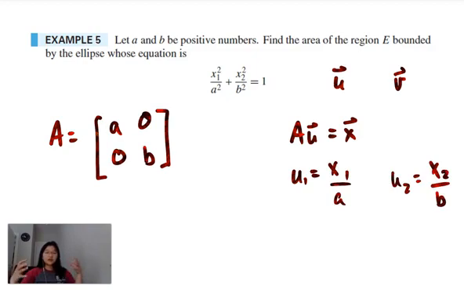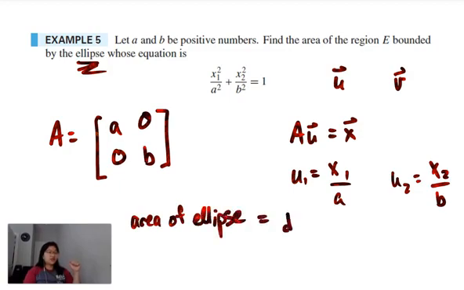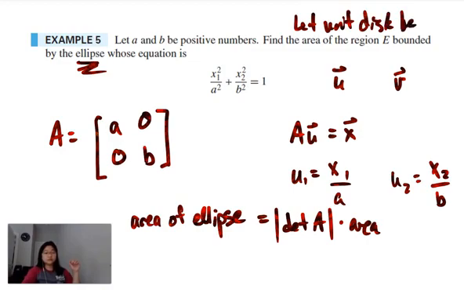And then from our unit disk, we can say that the area of our ellipse is going to be equal to the absolute value of the determinant of A times the area of our unit disk, D. And that's going to be AB minus 0, times, and then what's the area of our unit disk?